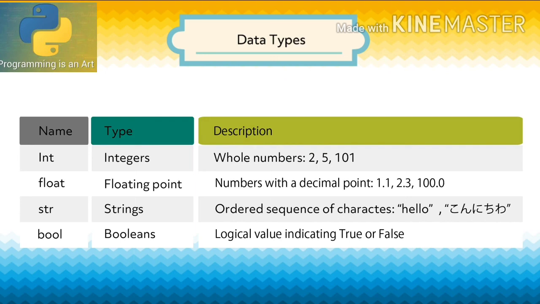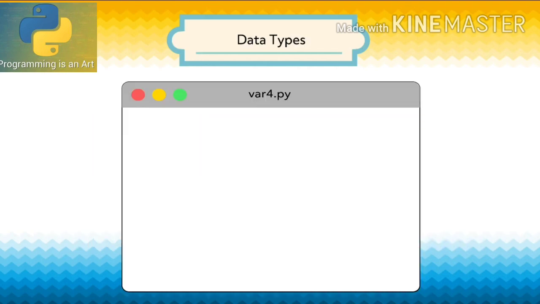Int stores whole numbers only, whereas float stores decimal values. Whenever you want to store a decimal value, you use float. For a string, we use alphabets. For the boolean value, it is true and false.